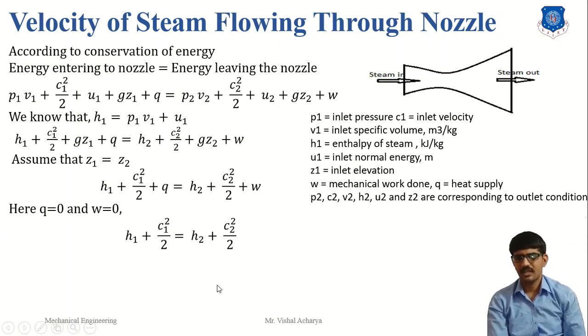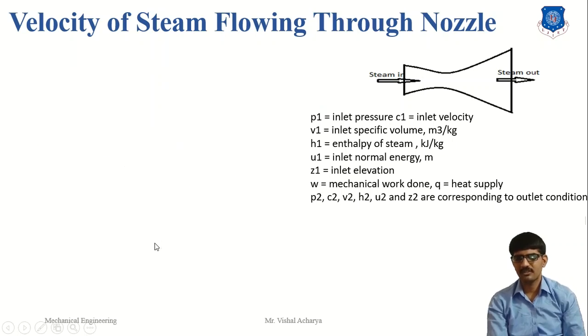So we get the expression for C2: C2 square by 2 is equal to H1 minus H2 plus C1 square by 2. Here we assume that the inlet velocity is negligible, almost zero compared to the outlet velocity, so we put C1 equal to 0.